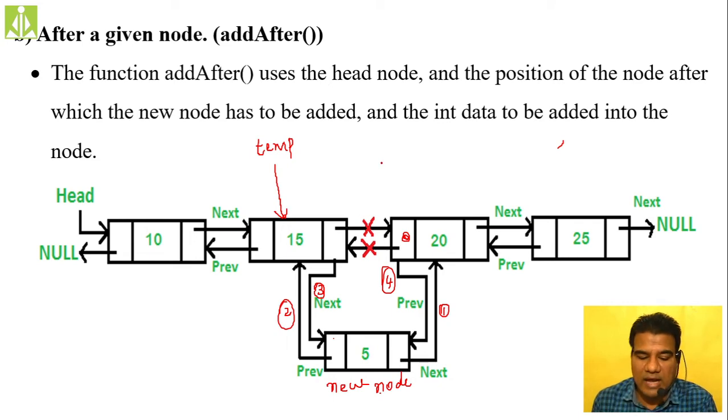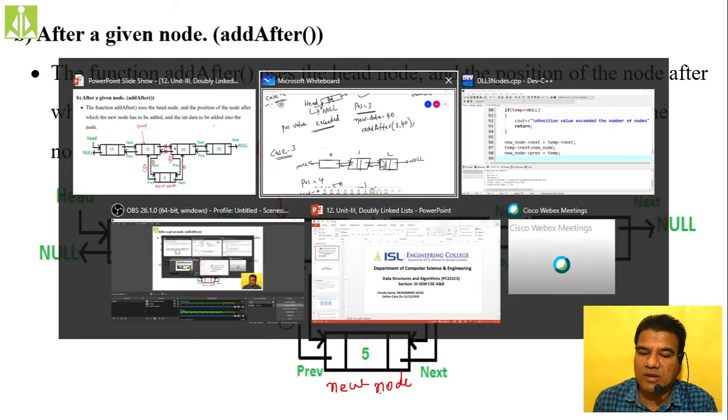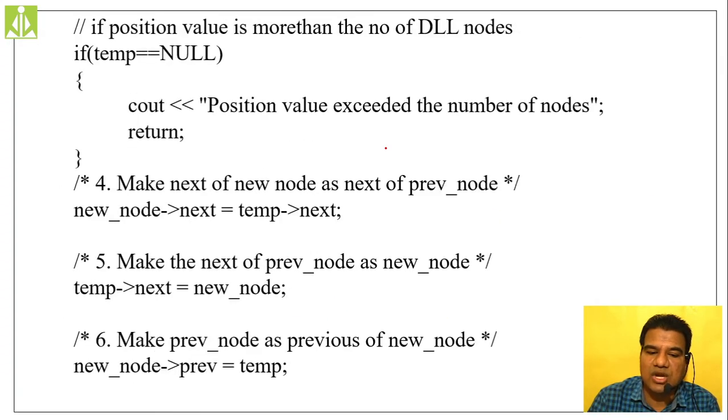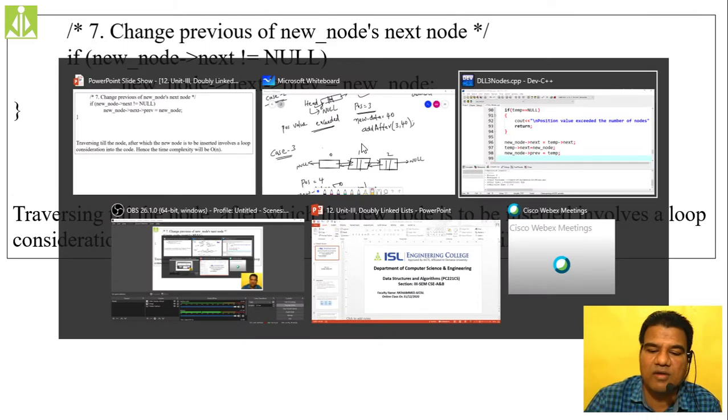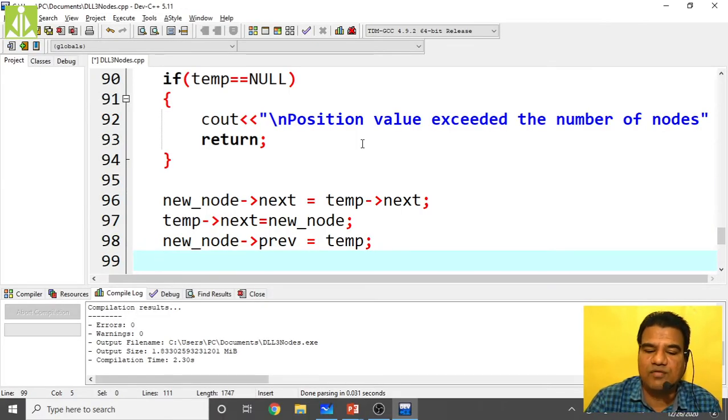For that reason only we are checking this condition over here. See, if new node of next is null, it means the node insertion you are doing currently will become the last node inside your doubly linked list. So we cannot perform temp of next of previous.